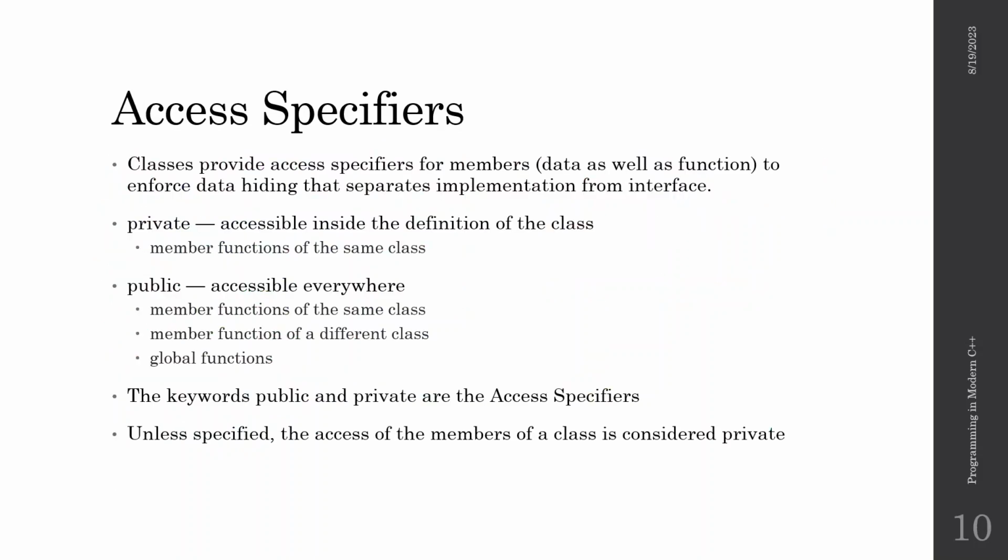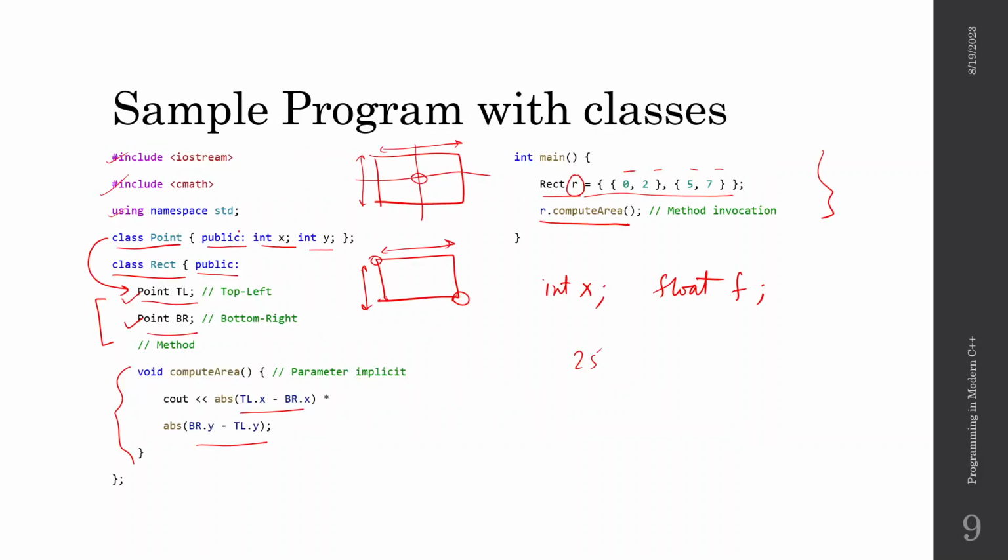Okay, now we come to access specifiers. What are access specifiers? In the previous class you saw these keywords: public, and there is another keyword, private, and also protected.